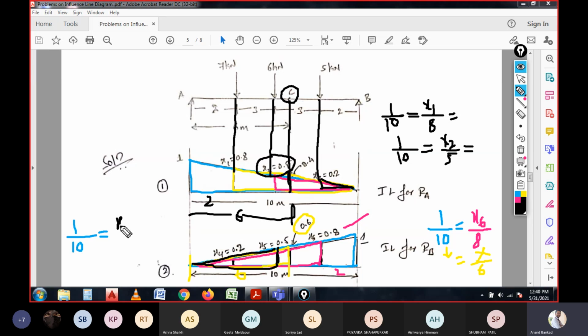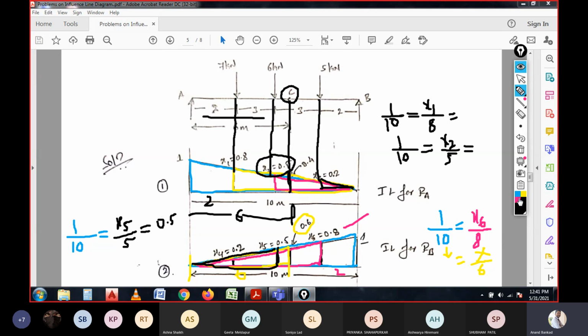So x5 is the height of the considered triangle, and the remaining length is, sorry, 5 meter. That means 3 plus 2, which is 5 meter for this span. So by solving this, we'll get x5 as 0.5. That is the coefficient value for this one.